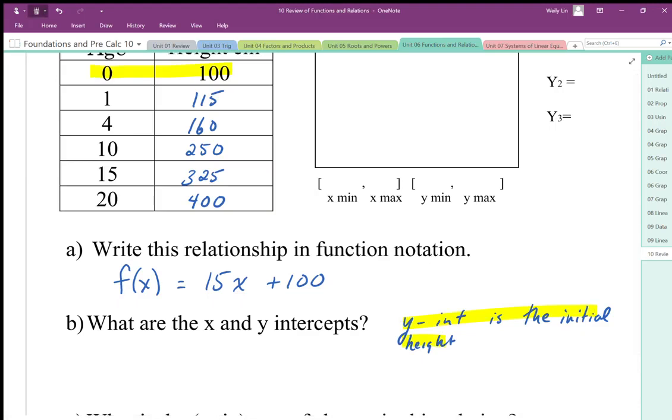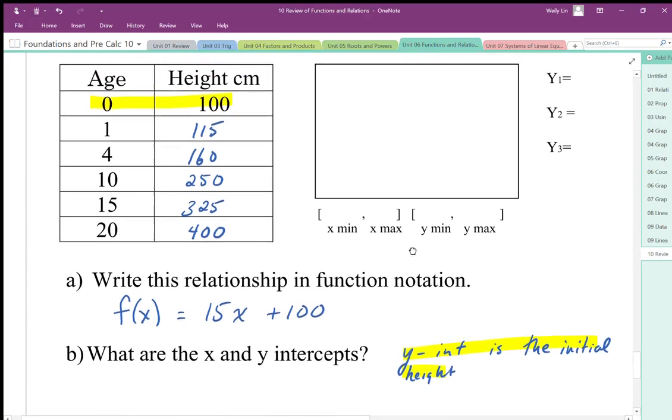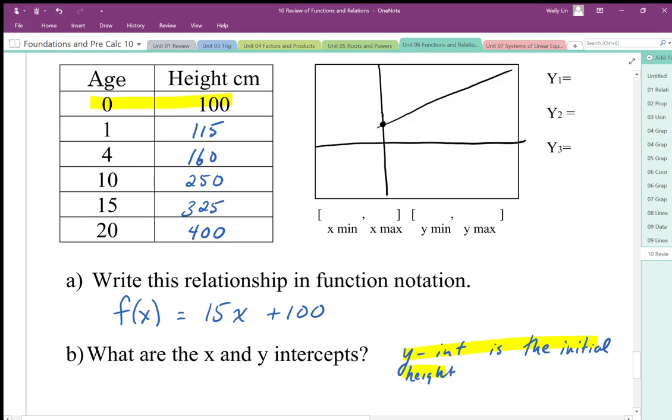What's the x-intercept? Well, to get an x-intercept, we kind of have to go backwards in time. So if I graph this like this, I have 100 centimeters here, and it's kind of growing like that, and I'd have to go backwards in time. That's negative time.